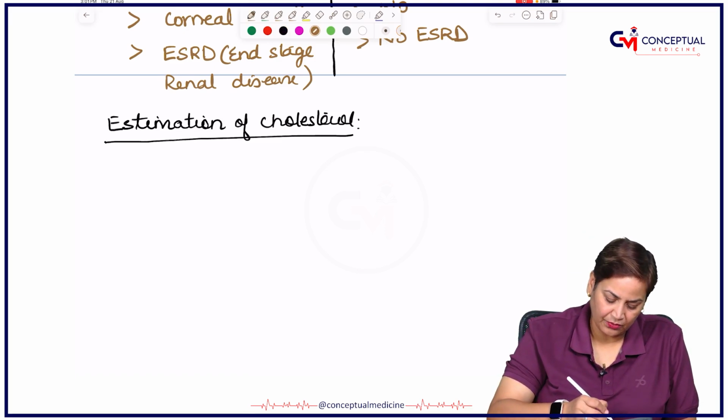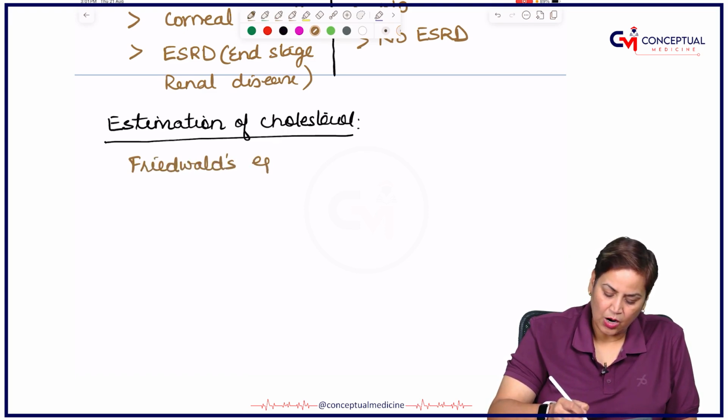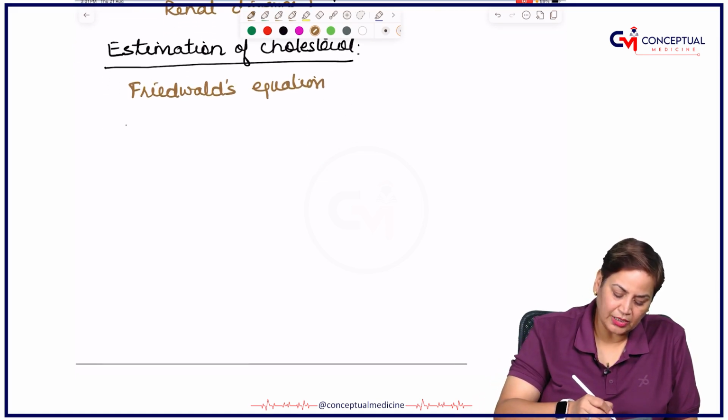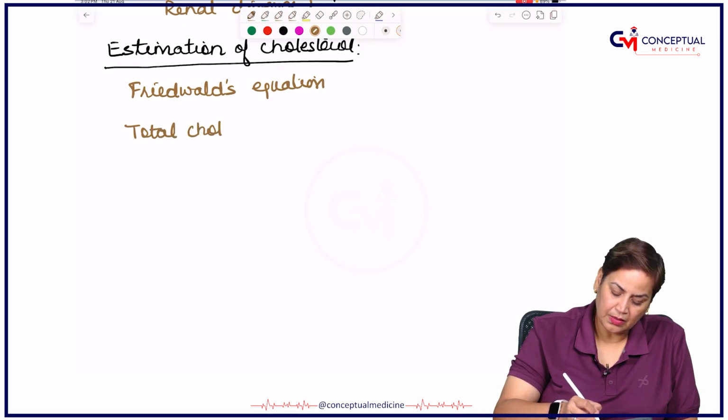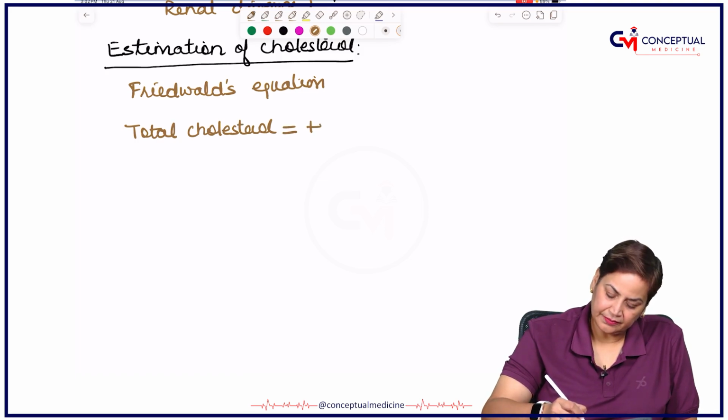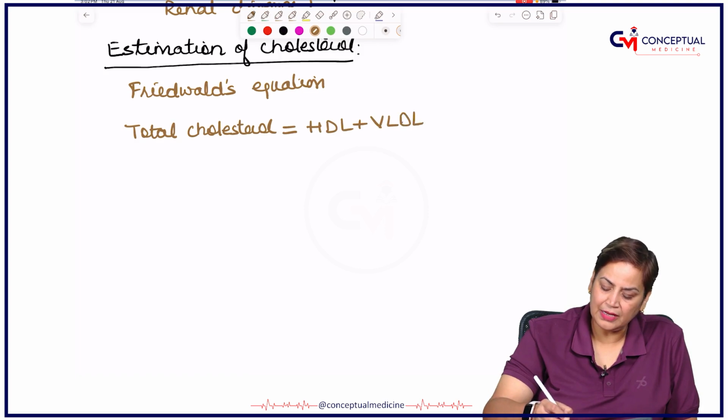And what does this Friedewald's equation say? How do we calculate cholesterol? Simply we can say total cholesterol is equal to HDL plus VLDL plus LDL.